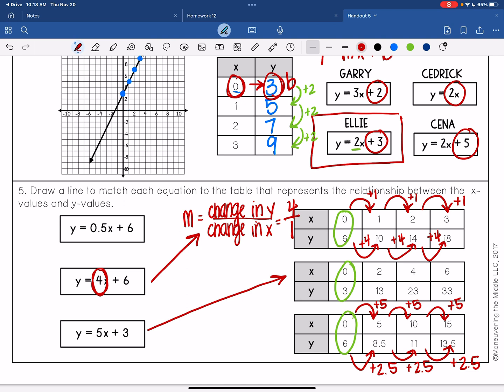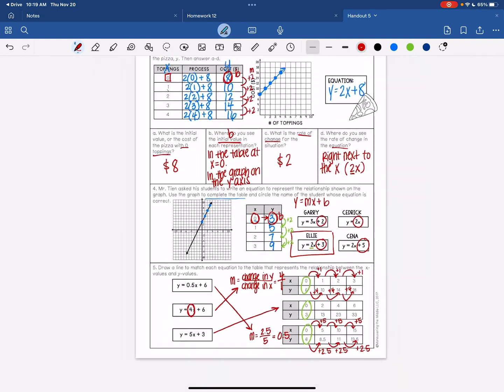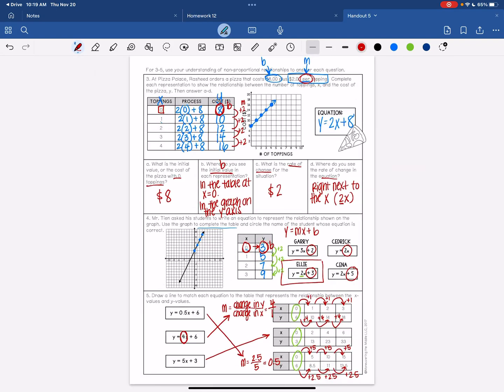So when I do change in y over change in x, I get 2.5 divided by 5. And if you actually do that division, you do get 0.5. So we know these two go together. Okay, I hope that does a really good job of solidifying non-proportional relationships for you.